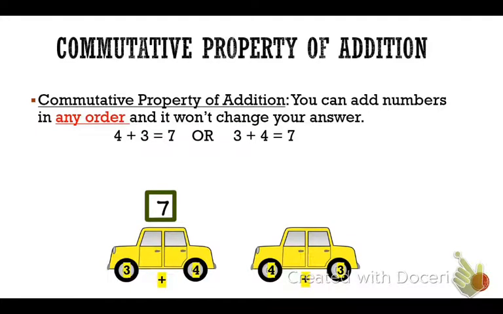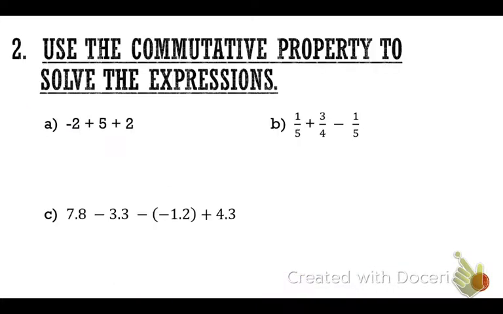It says what? 4 plus 3. It changed the order of the numbers. Class, what's 4 plus 3? 7. It is also 7. So notice we changed the numbers' order, okay? Using the commutative property said we can change the order and it will not change your answer. So we're going to use that concept right now to help us with a few problems on the next page.